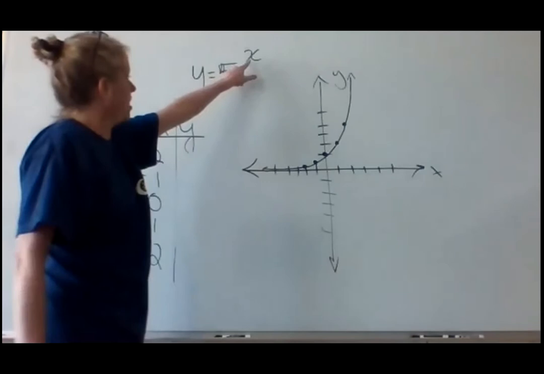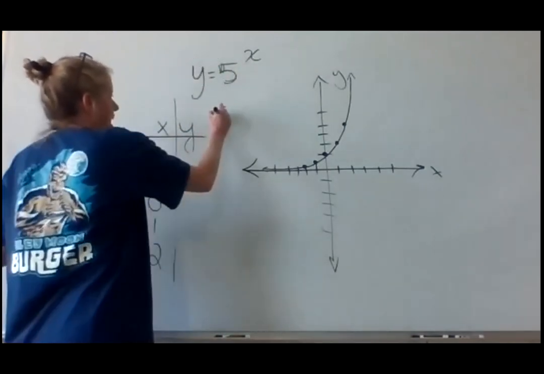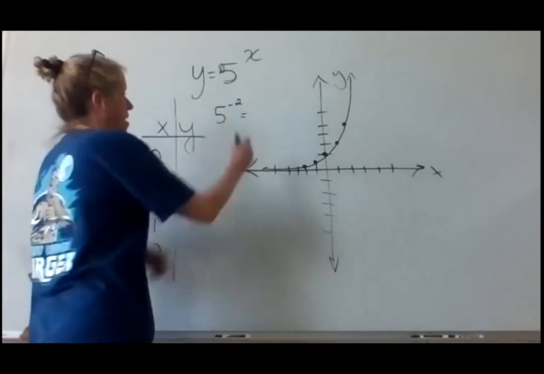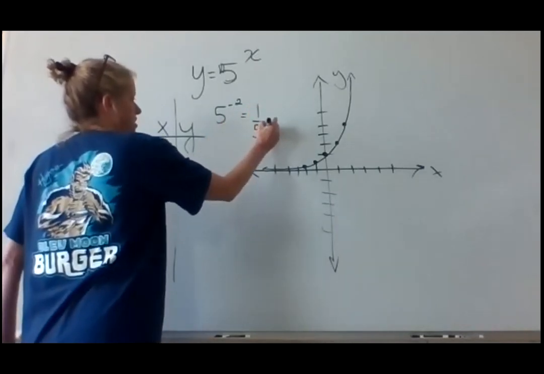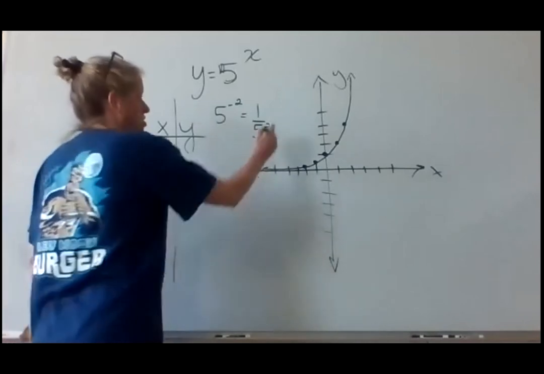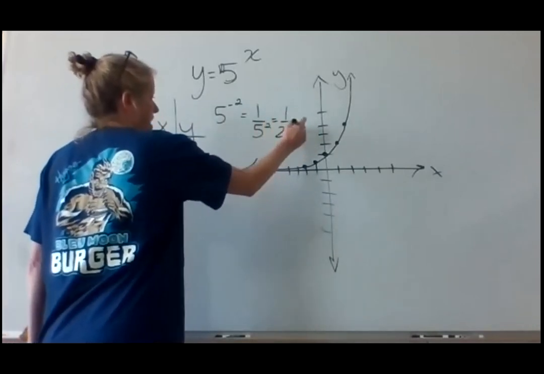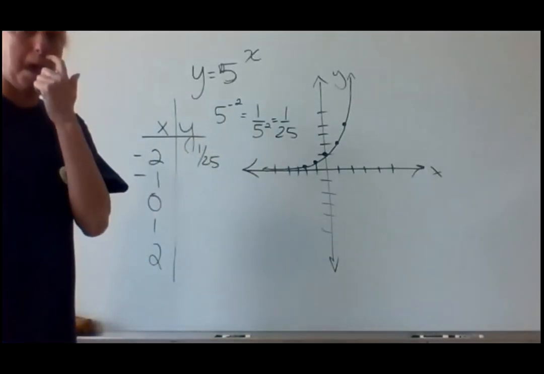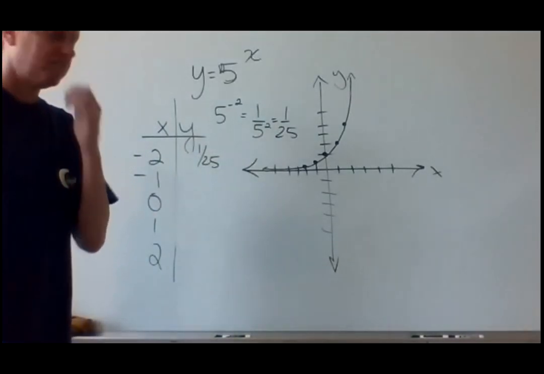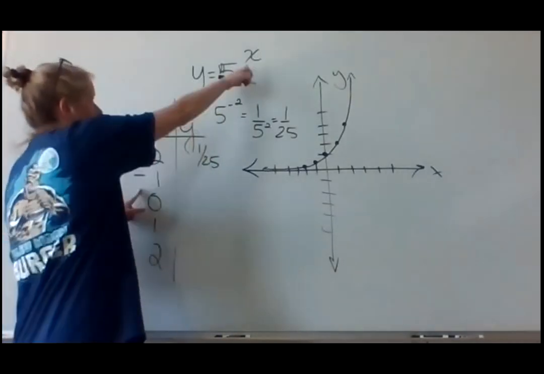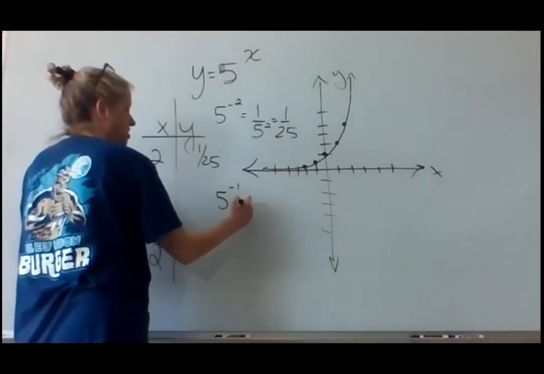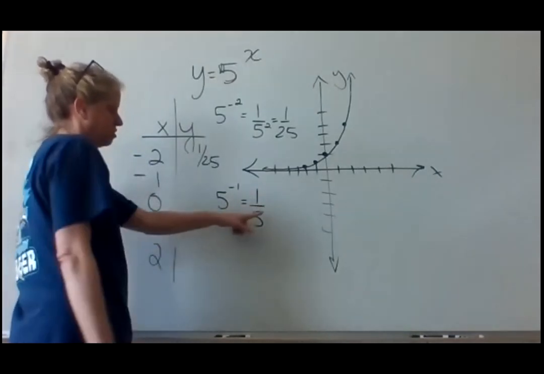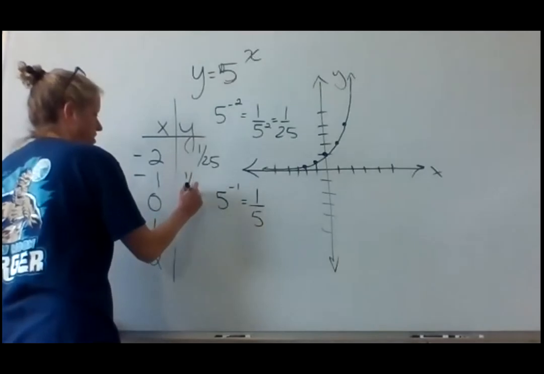If I put a -2 there, I would have 5 to the -2, which is going to turn my 5 upside down to 1/5 squared. So that's going to be 1/25. If x is -1, so 5 to the -1, again, flip over your 5 to 1/5 to the first power, so that's just 1/5.